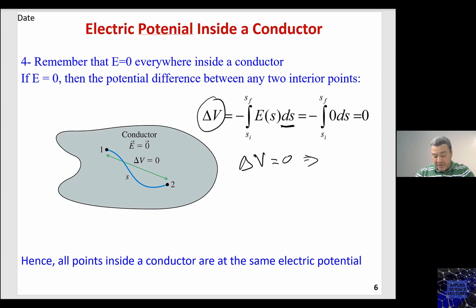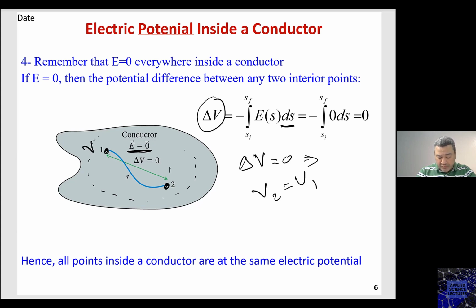What does this mean? This means that V2 minus V1 equals 0, or V2 equals V1, which means that the potential at location 1 and the potential at location 2, due to the electric field being 0, are also equal. So the electric potential difference is 0.